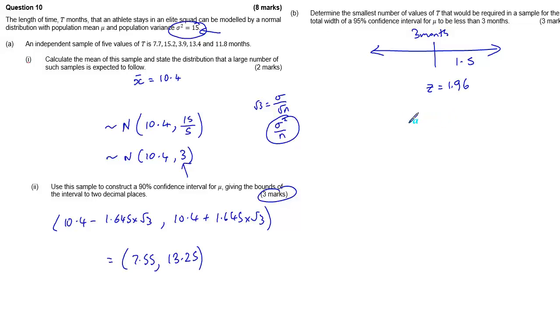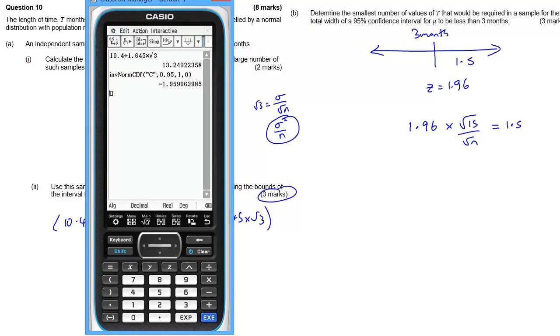So we'll need 1.96 times sigma over root n to be equal to 1.5. We could just solve this on the calculator.